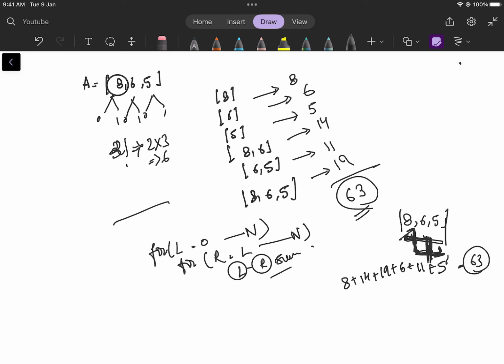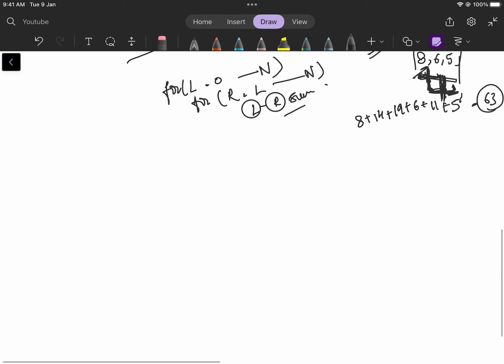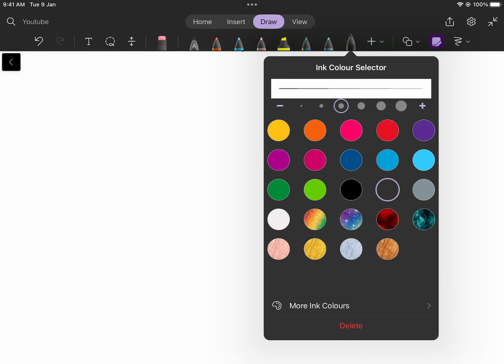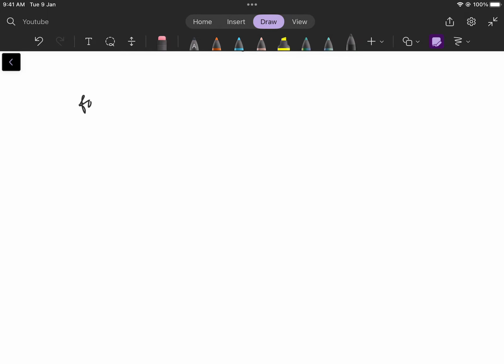With code maybe you can understand better. We are taking the sum as this, then you are starting here, taking this as a sum, taking this as a sum, taking this as a sum.